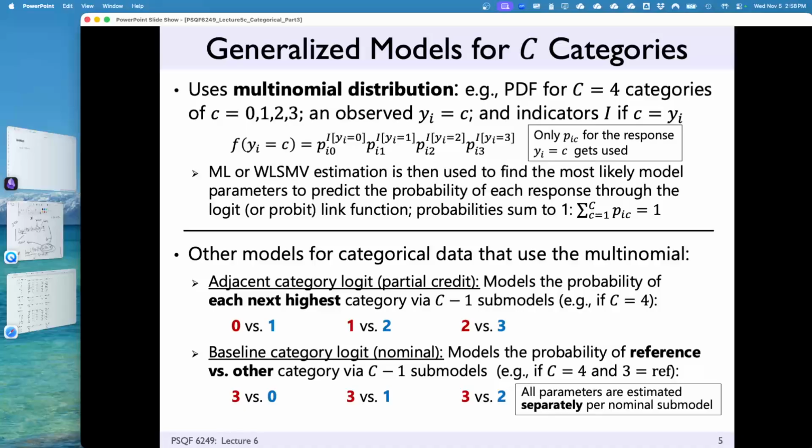This function is basically: is the thing in the brackets true? Give a 1. If it's not, give a 0. Anything raised to the 0 power becomes a 1. You're left with just that probability for the probability mass function. That is what we call a one-trial multinomial distribution, otherwise sometimes referred to as a categorical distribution. That is one way of looking at the data.